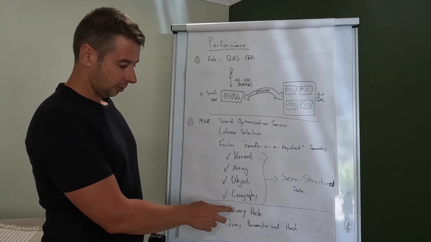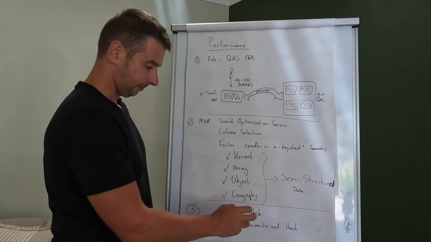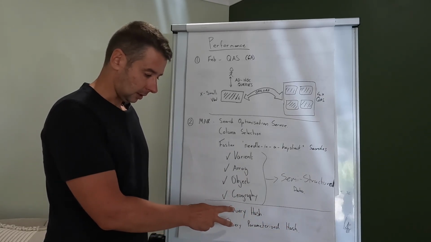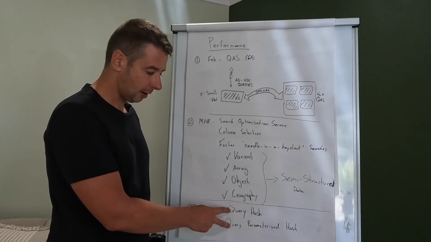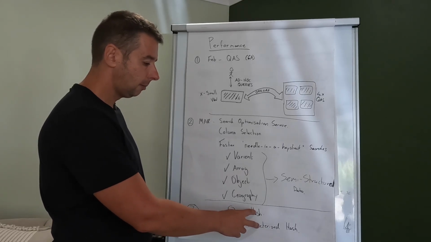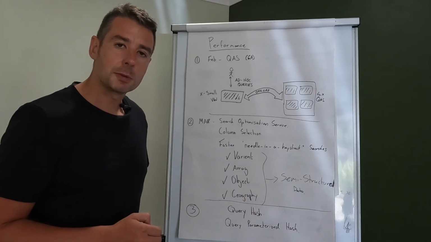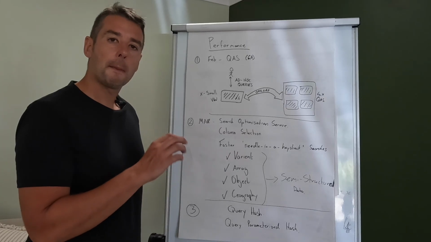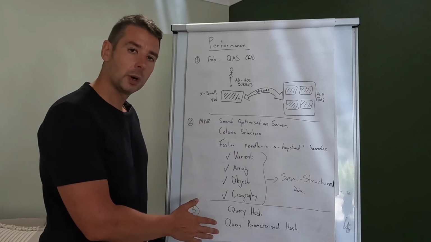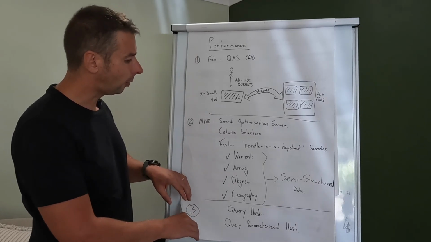Now we've got the introduction of query hash and query parameterized hash within the Snowflake metadata database. You can look up queries which are similar but not exactly the same, and it will allow you to aggregate performance metrics up and hopefully get better insight and visibility into where your performance bottlenecks might be at a query level. So that's performance.